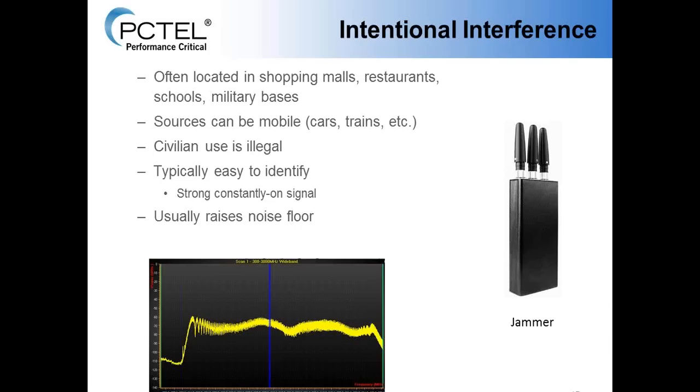And we've probably all heard about the driver in Florida who didn't want people using cell phones around him while he was driving, so for 2 years he operated a jammer out of his car. It took about 2 years to hunt him down, and the FCC is fining him $48,000 for the use of that illegal jammer.